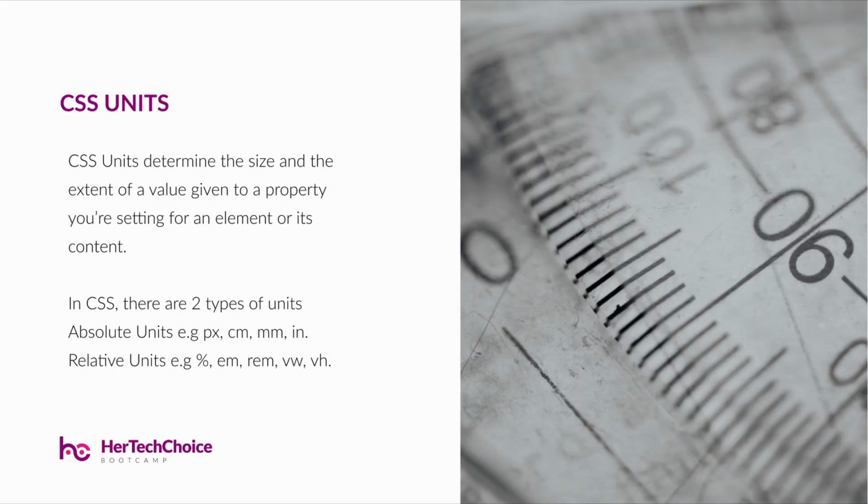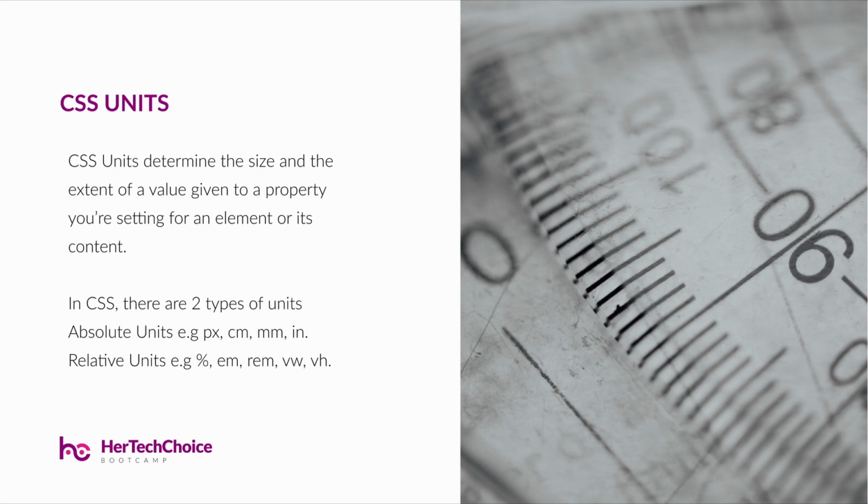So the next important thing we're going to be talking about is the CSS units. CSS units determine the size or the extent of a value that is given to a property you're trying to set for an element or its content. For example, let's take the width property.